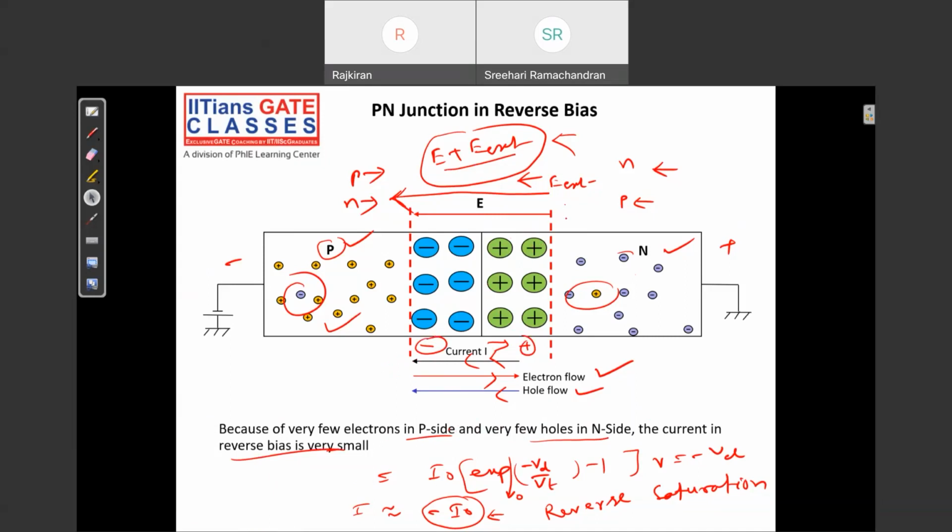The depletion width will increase. So if you go on increasing the reverse bias potential, the depletion width will increase, and the positive and negative charge will increase.